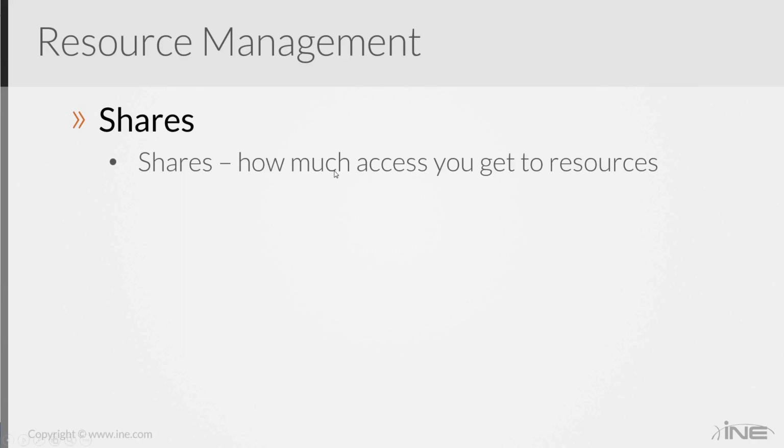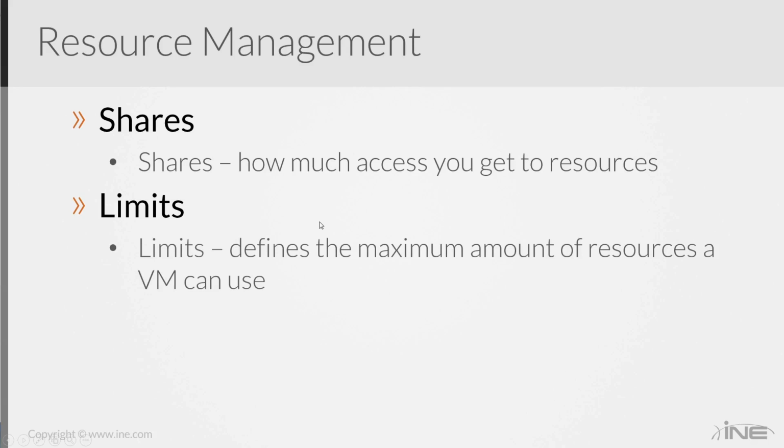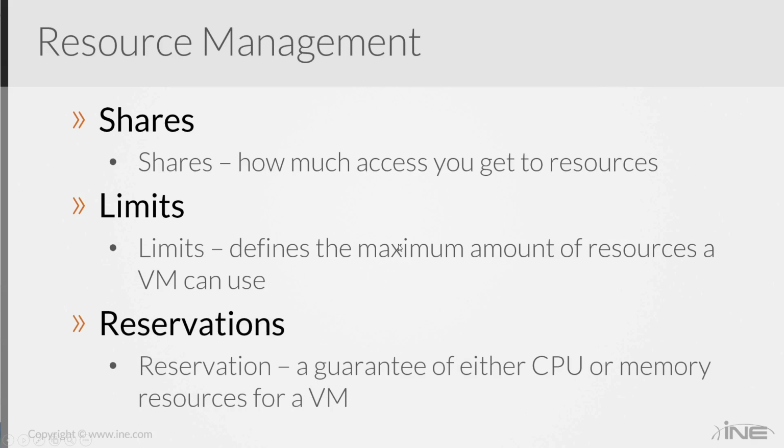We'll cover limits next, and then reservations. A limit is the maximum amount of CPU cycles or physical memory on a host that a virtual machine can use. We'll get into the demonstration of how we could configure these, and also how we could configure shares, limits, and reservations on a resource pool.